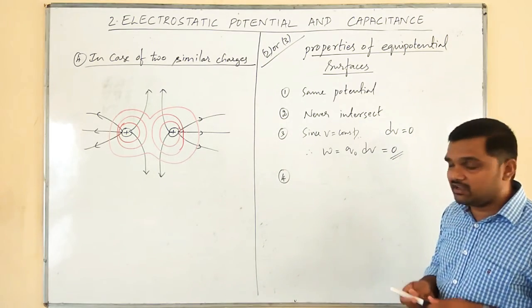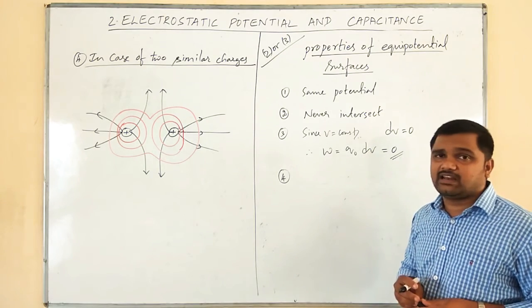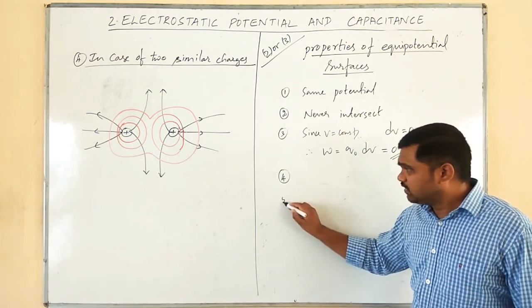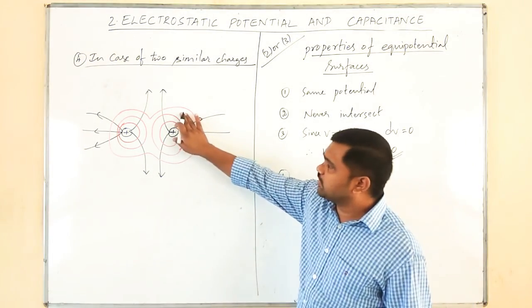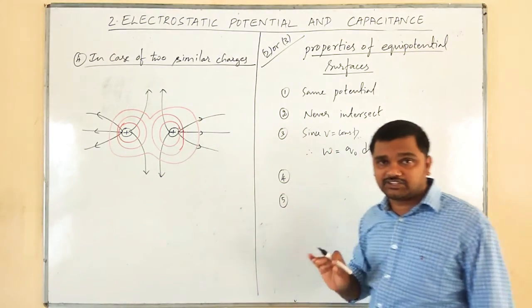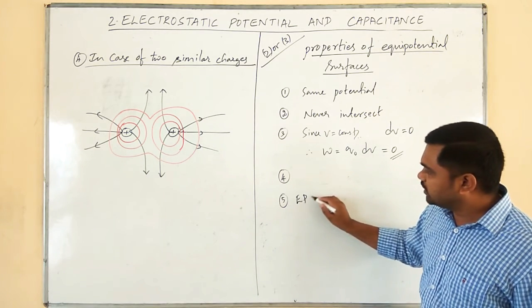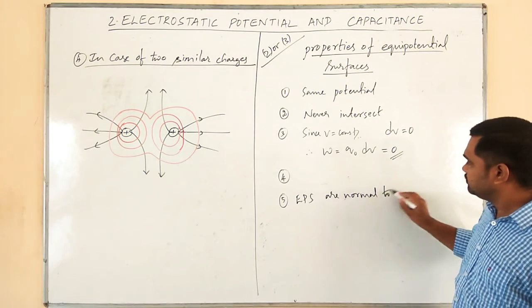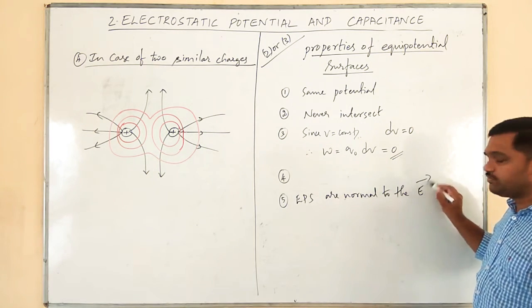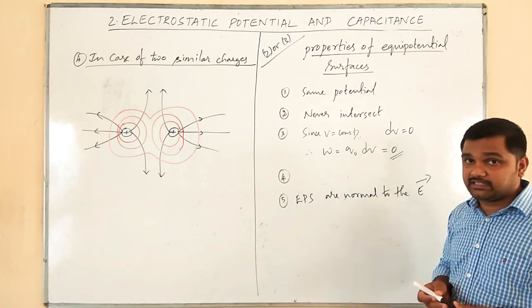One more property: equipotential surfaces are always normal to the direction of electric field. Like this, we can list 5 properties.